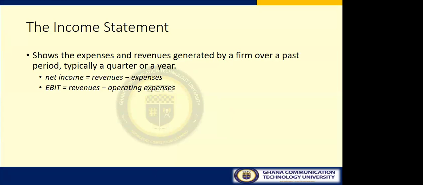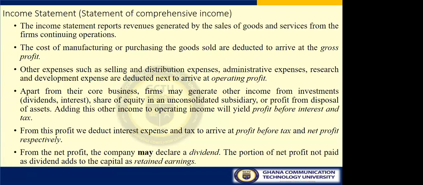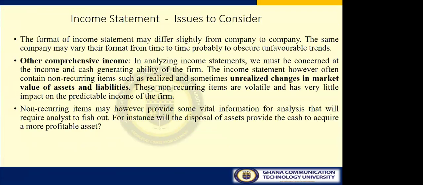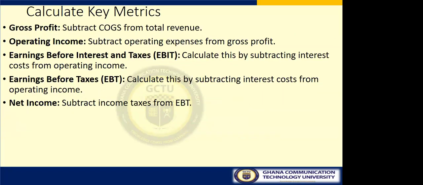Then we came to the income statement. We said that if you want to find out whether the company is making profit or loss, we look at the income statement. Net income is equal to revenue minus expenses. We looked at the items that go into the income statement: revenue, cost of goods sold, operating expenses, interest cost, and tax expenses.